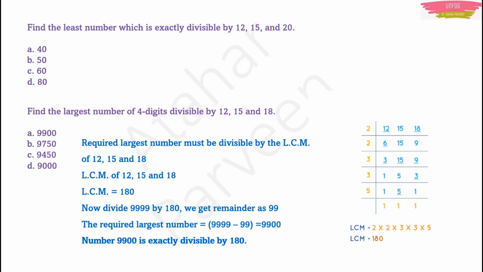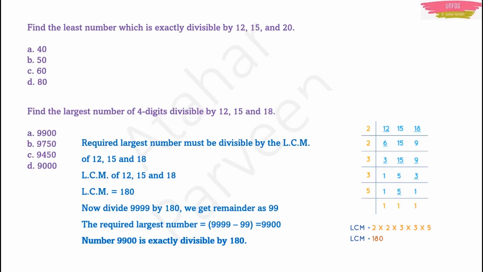Once you get the LCM, now you divide the largest number with 4 digits by it. Which is that number? The largest number with 4 digits. If I take 10,000, then it will be 5 digits. So, one less than that will be 9,999. Now you divide this 9999 by 180. Then you get a remainder.